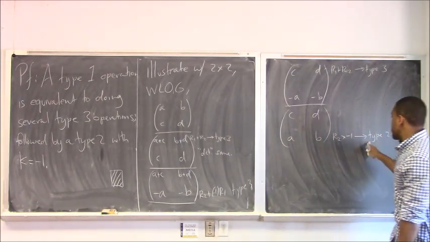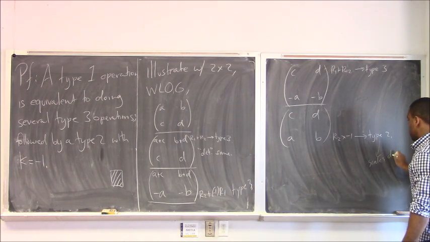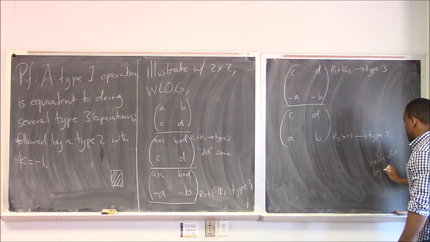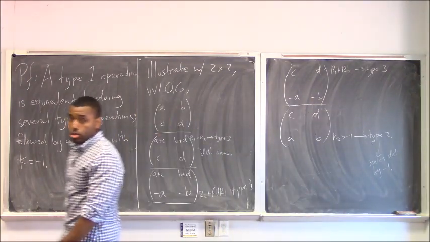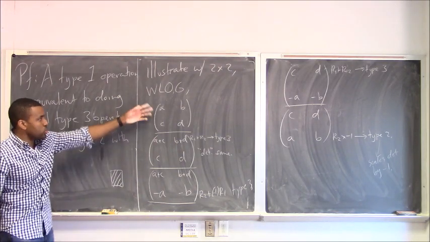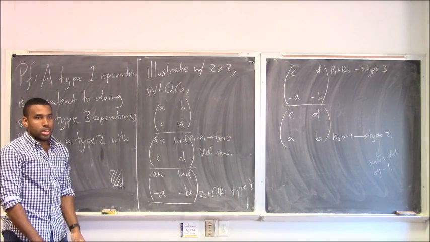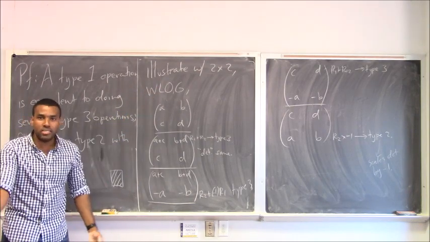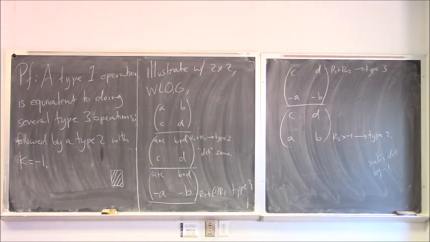Right? And that scales the determinant by a -1. So this algorithm can be done to interchange any two rows, right? I did it with a 2x2 with the first and second row, but I could have a 50x50 and choose the 15th row and the 17th row and do the same thing. Right? These are equivalent.